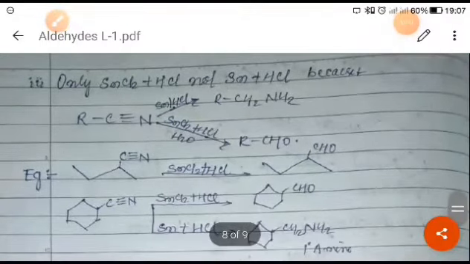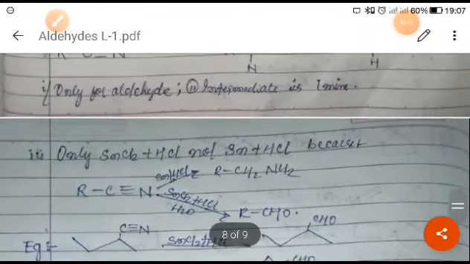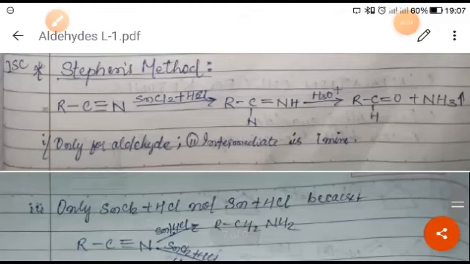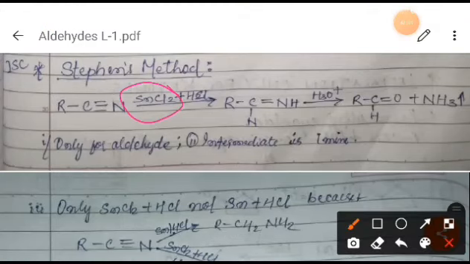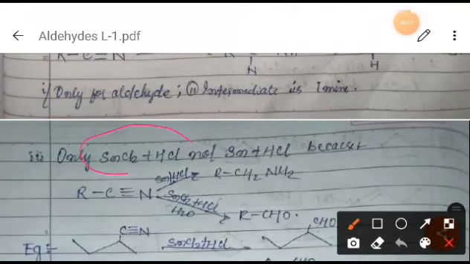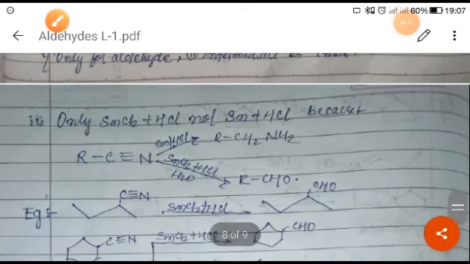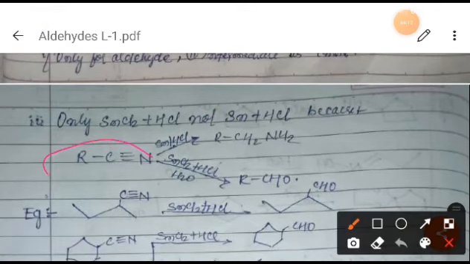One example is there, as you can see. Now one more example which is very important here. Suppose we are taking SnCl2 and HCl, but if in place of SnCl2 and HCl we take Sn/HCl, the reaction will be completely different. Suppose this is a nitrile, alkyl cyanide. When you use Sn/HCl, the reaction is different; it forms RCH2NH2.